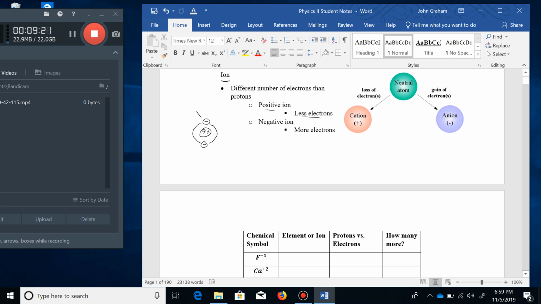If one leaves, so this electron leaves, now you have two protons, one electron, and you've got a positive ion. So this becomes positive.